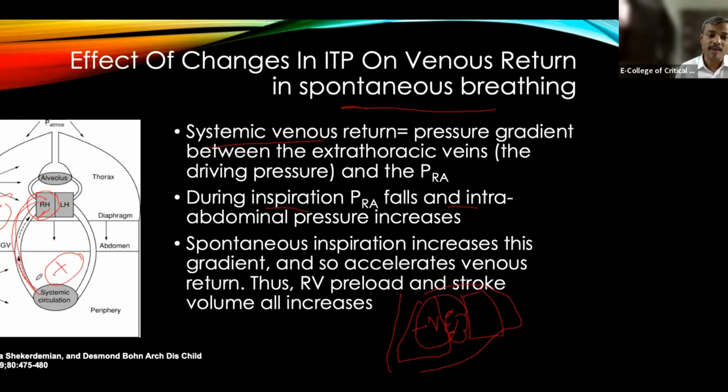One side, abdominal pressure pushes the venous blood to the right atrium, and the right atrium is negative because of the negative intrathoracic pressure and sucks the blood. Everybody can easily understand this. Spontaneous inspiration increases this gradient and accelerates venous return. This acceleration of venous return increases right ventricular preload and stroke volume. This is very basic, everybody knows this.